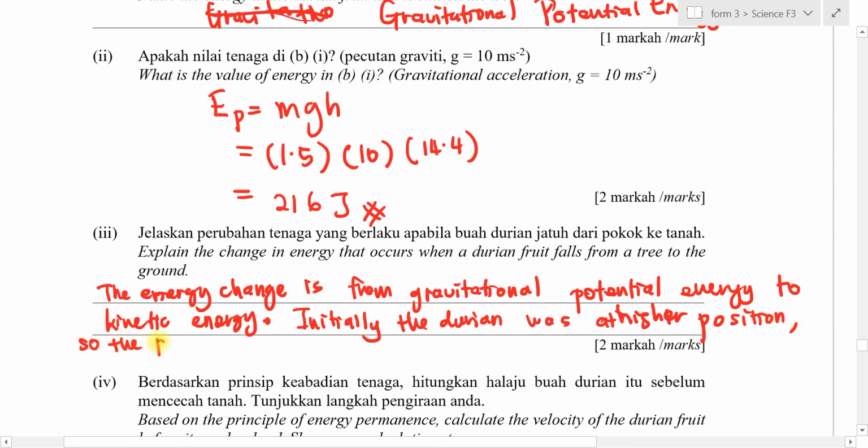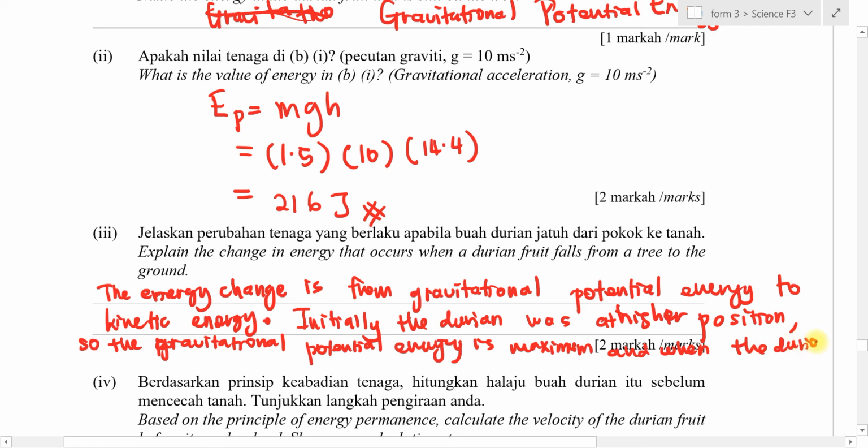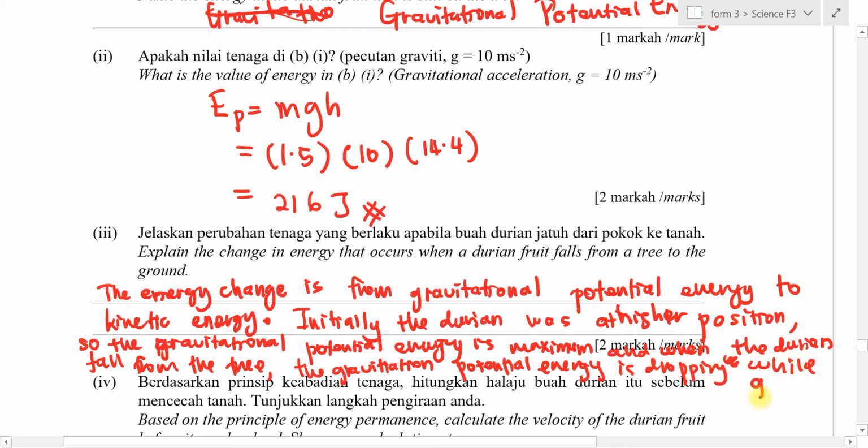So the gravitational potential energy is maximum, and when the durian falls from the tree, the gravitational potential energy is dropping while gaining kinetic energy. A bit lengthy.